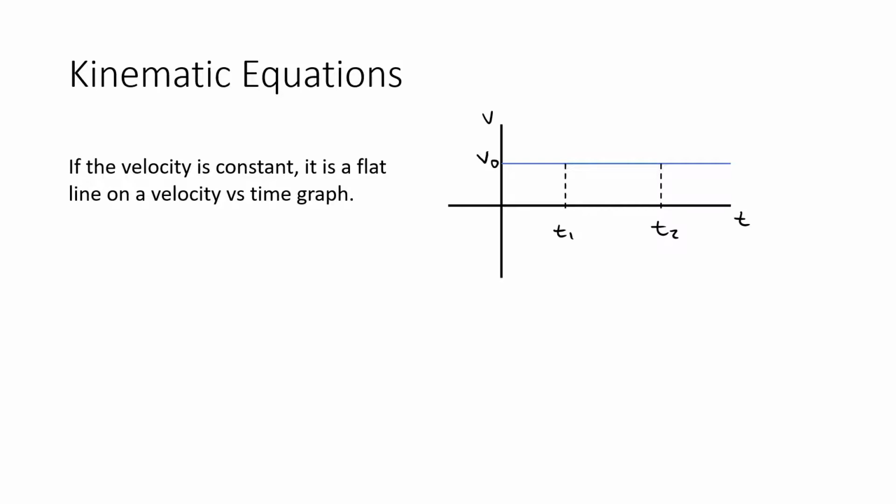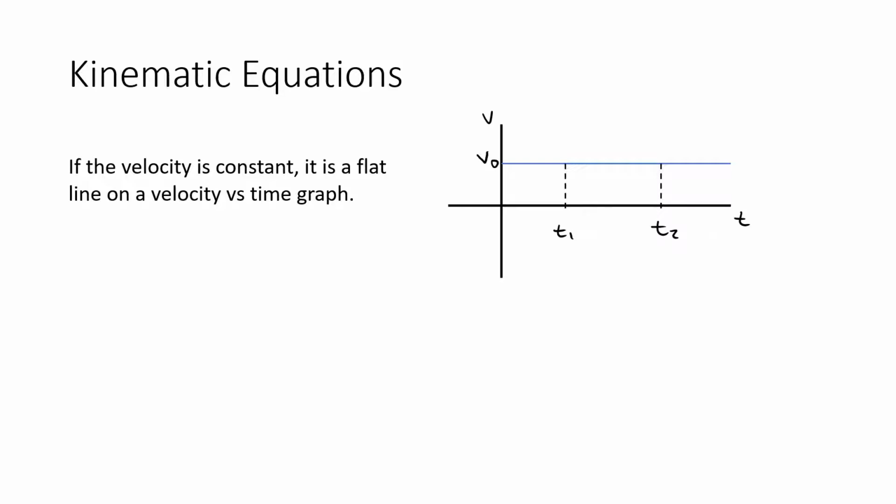Okay, and something that will be helpful to us is we can find the displacement by finding the area under the curve in the specific zone we want to look at. So we want to find how far that car went. We could simply graph it and find the area.